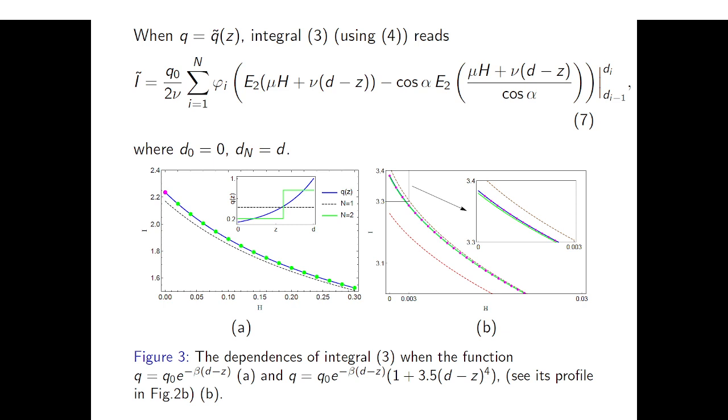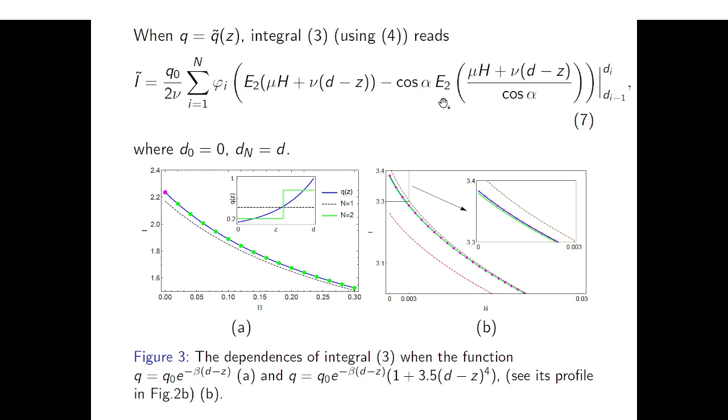As soon as the source activity function is approximated by its stepwise counterpart, the integral 3 is evaluated analytically using relation 4, and we finally get relation 7.